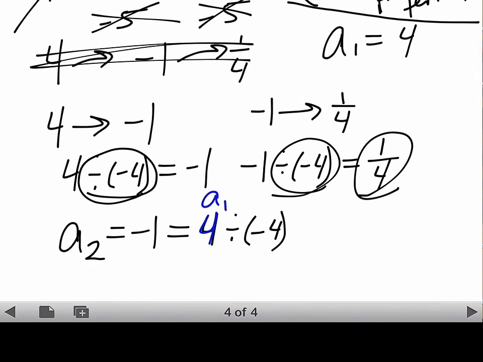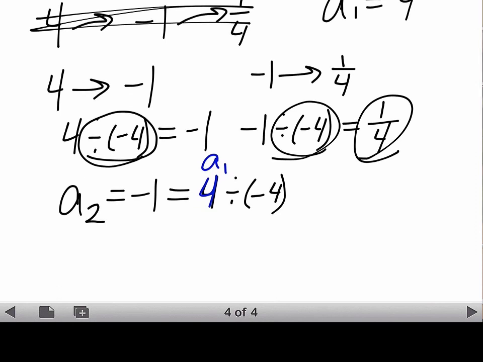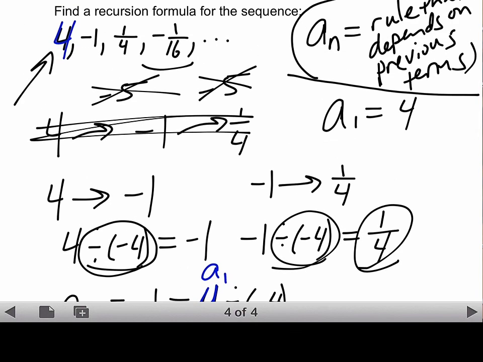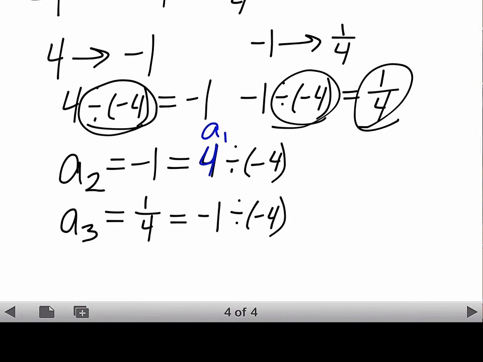That was a sub 1. As we just verified, also, the third term, a sub 3, which is 1/4, is what happened when we took negative 1 and divided it by negative 4. And in this vernacular, negative 1 was equal to a sub 2.